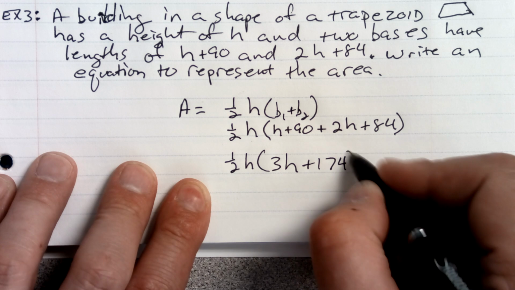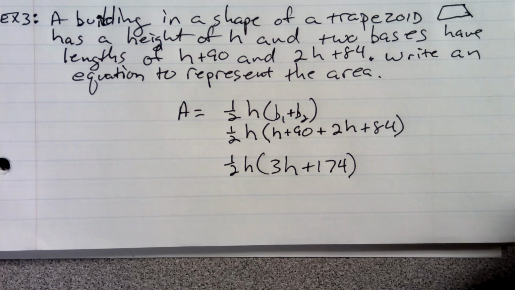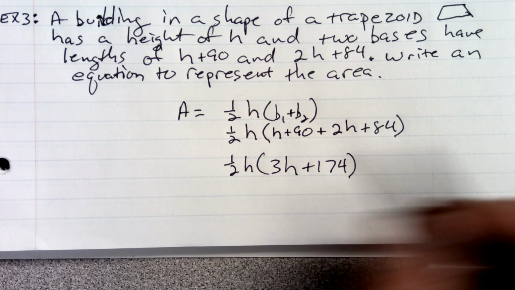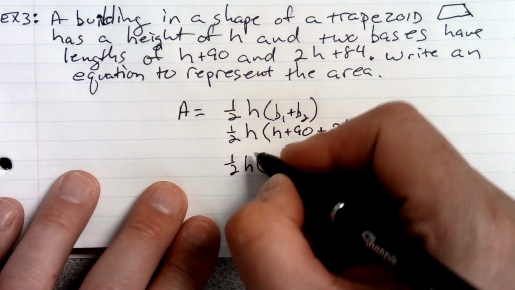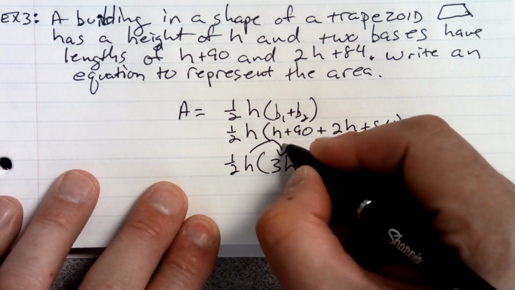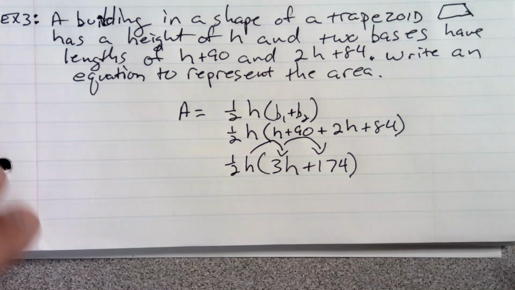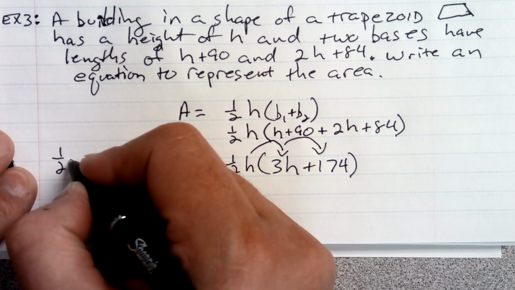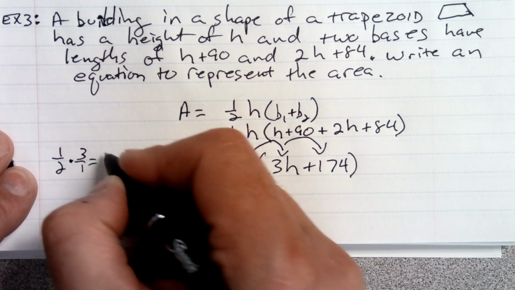We have 1 step left, and what's that? Not divide, but distribute. I said it first. Congratulations, you win absolutely nothing. All right. 1/2 times 3 over 1 is 3/2.